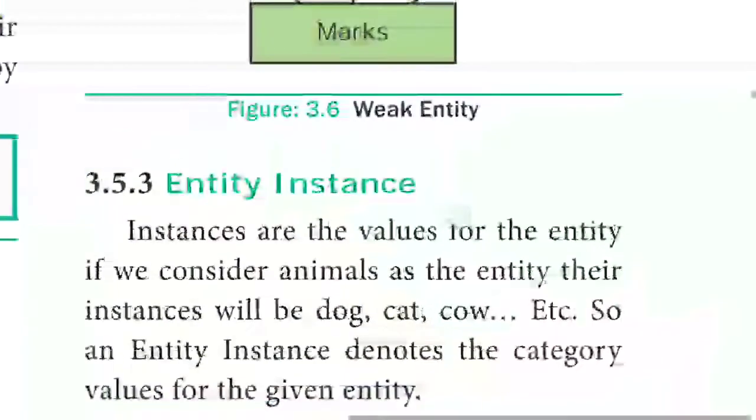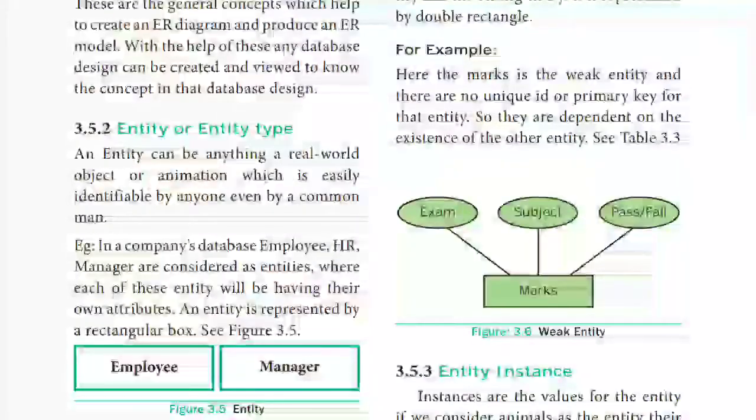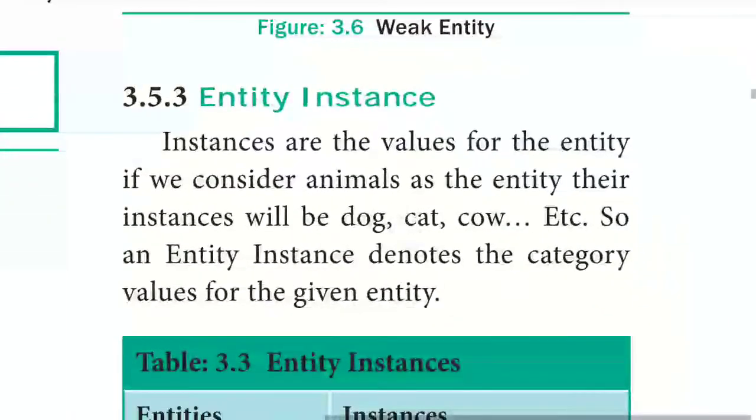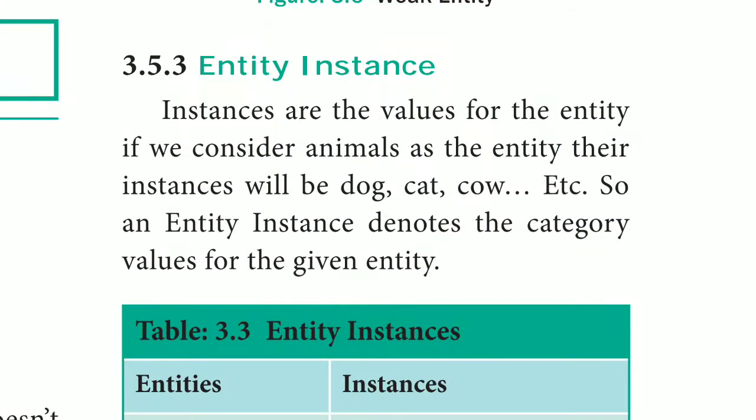Next is entity instance. The instance or the value of the entity: if we consider animal as an entity, their instances would be cat, dog, cow, etc. An entity instance denotes the category of value for the given entity.